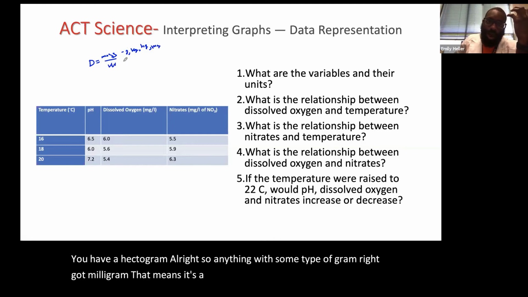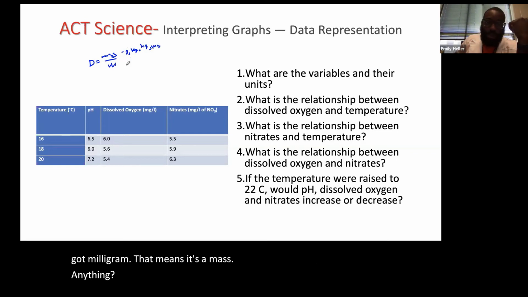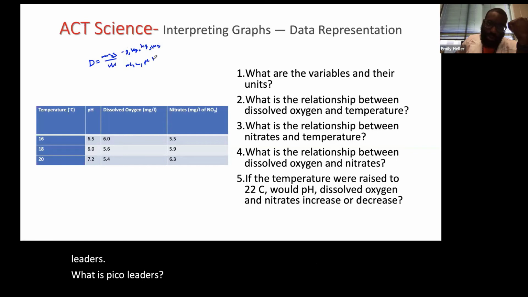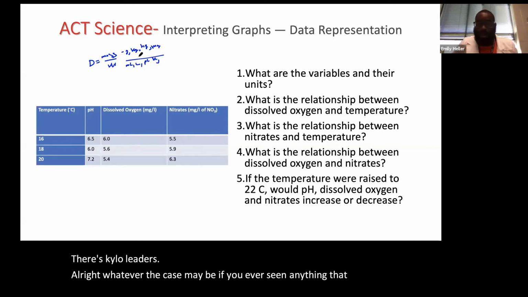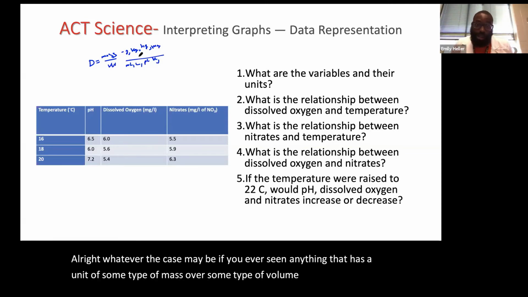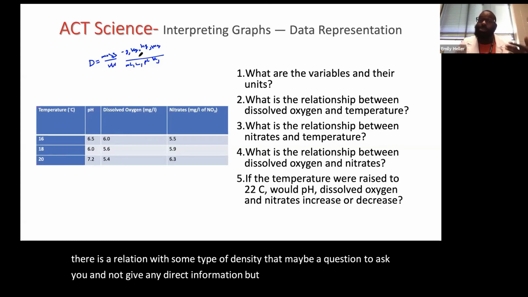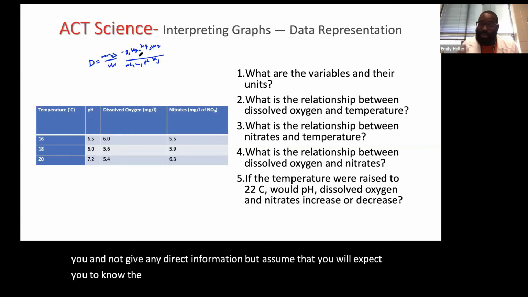Anything with some type of liters, whether milliliters, liters, picoliters, or kiloliters, whatever the case may be, if you see a unit of some type of mass over some type of volume, understand that it's a relationship with some type of density. That may be a question they ask you without giving any direct information, but they expect you to know that it's a density aspect.